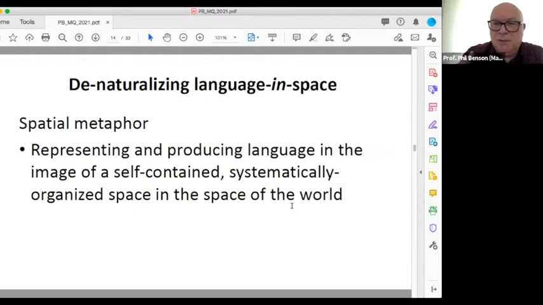But what I'm concerned with here is the use of metaphors which actually represent it in that way and even produce it in that way. So what linguistics is in danger of doing is analyzing its own representation of language rather than analyzing language itself.